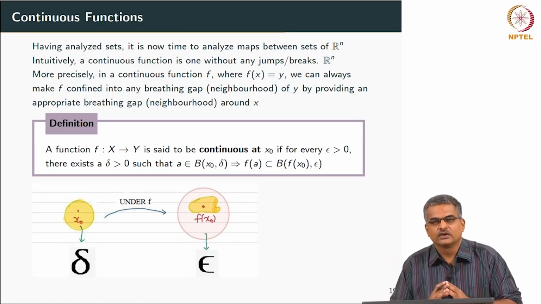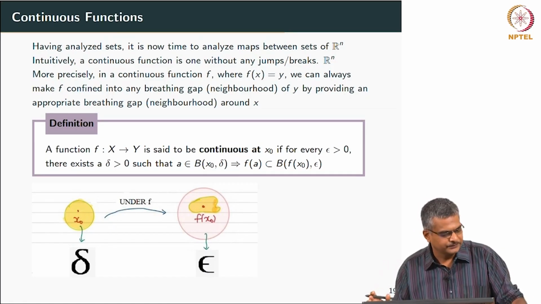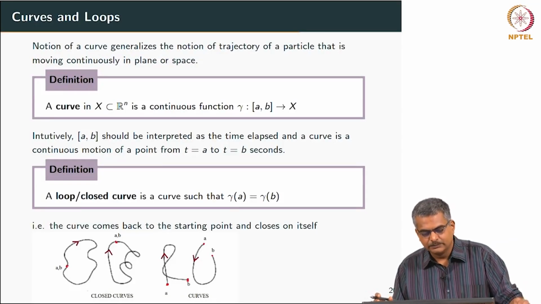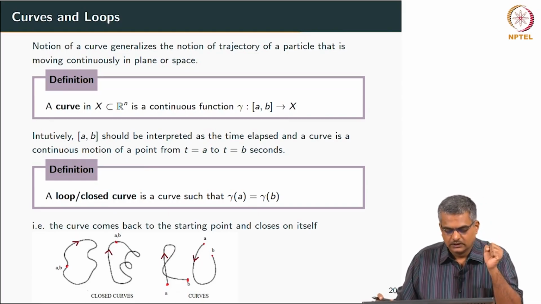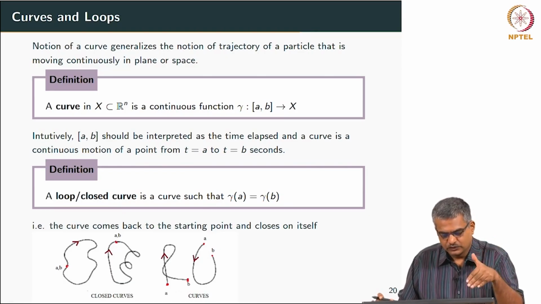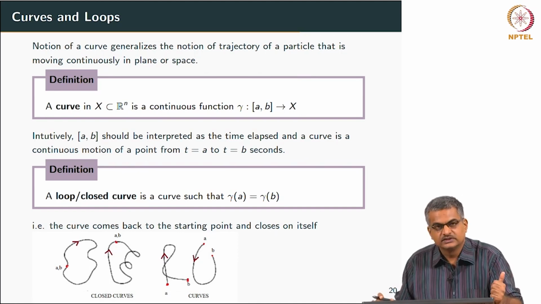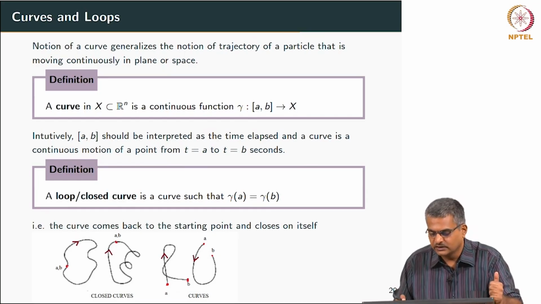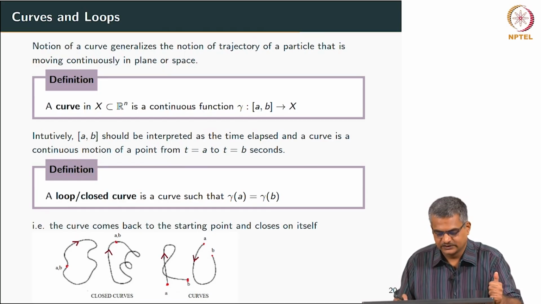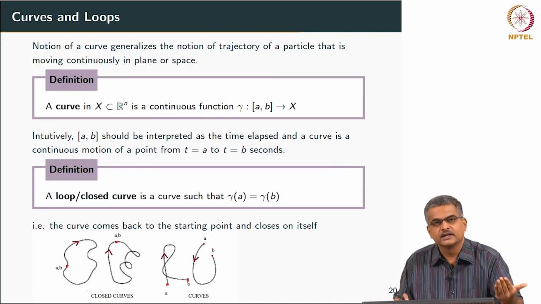Once we know the definition of connected, we need a notion of simply connected. This notion is useful when we talk about non-existence of periodic solutions. For that, since we already defined continuity, let us define two more notions. A curve in a subset X of R^n is nothing but a continuous function from an interval [a, b] to the set X. We say a curve is closed if the start and end points coincide.